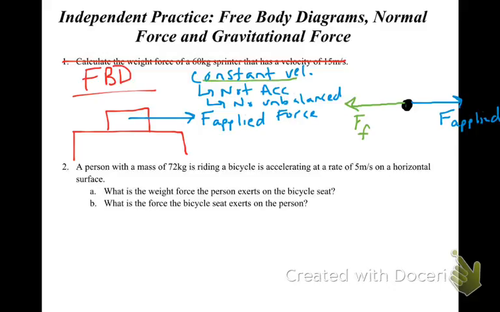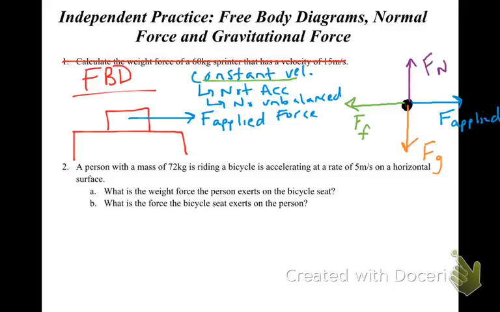Next, every single object will experience a weight force. I'm going to make it just a smidge smaller, because not all of these are equal. Let's just say our weight force is slightly smaller than our applied force. Since we're on a horizontal surface, we are experiencing a normal force.